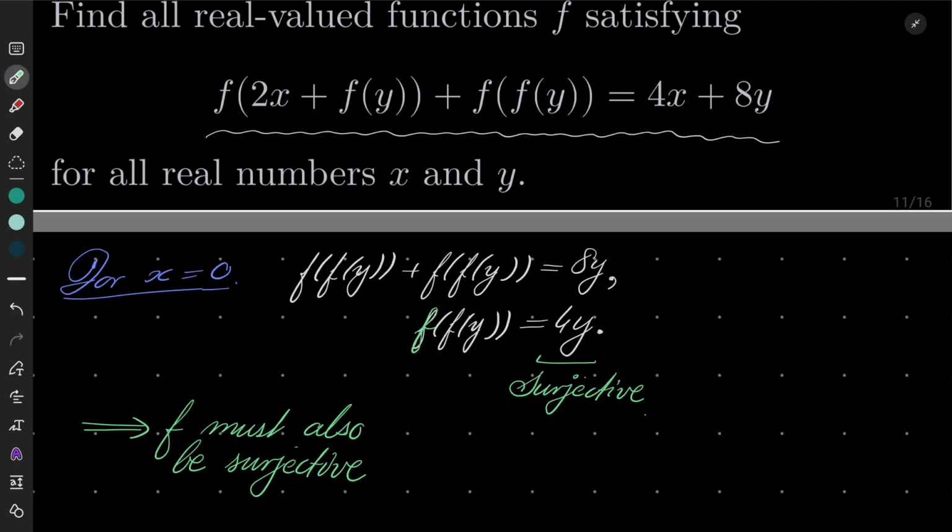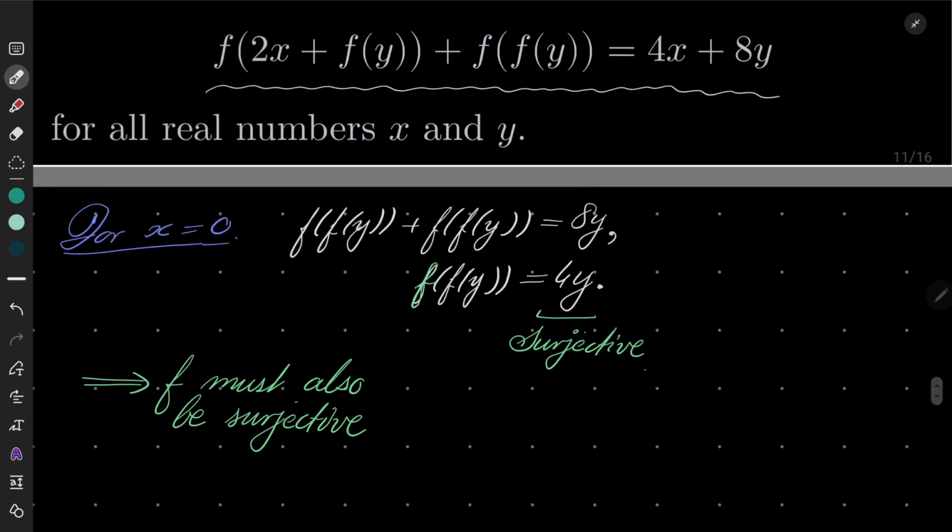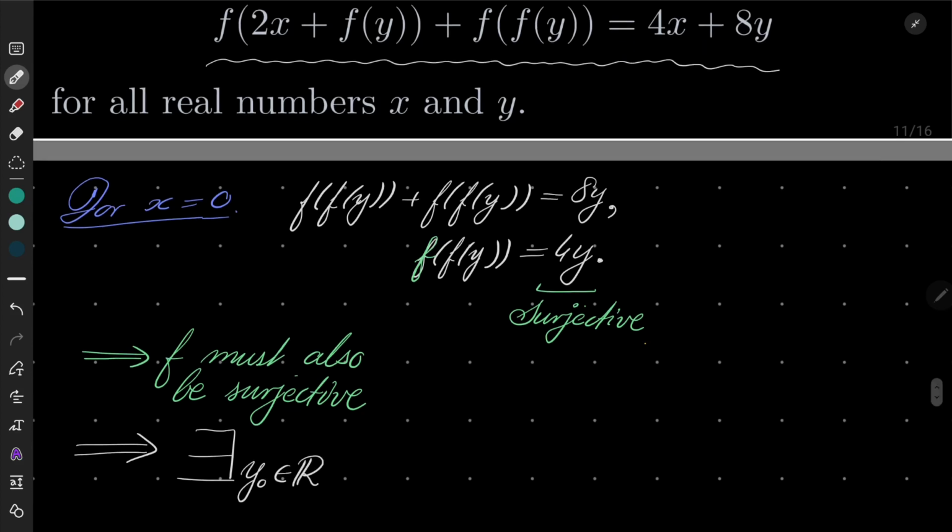Okay, very well. What can we do now? By our surjectivity, we know that there is some real number y sub 0 such that f of y sub 0 equals 0, because 0 is in the range, in the image of our function.